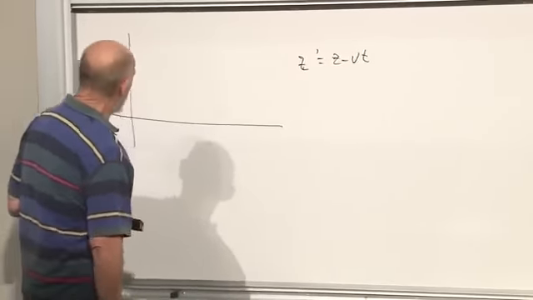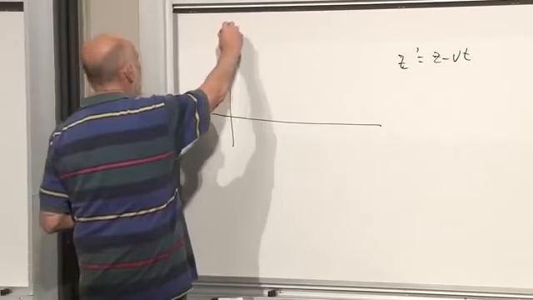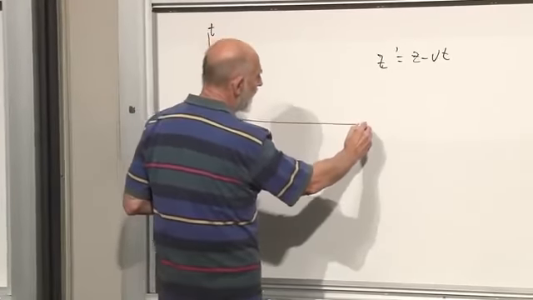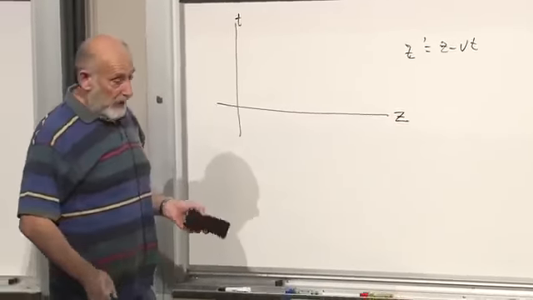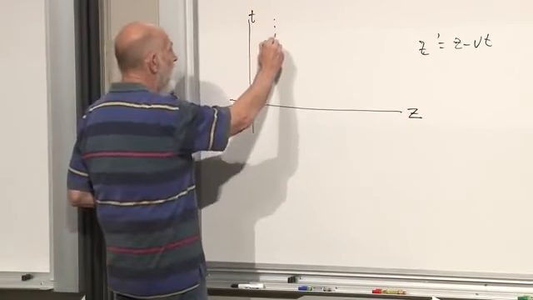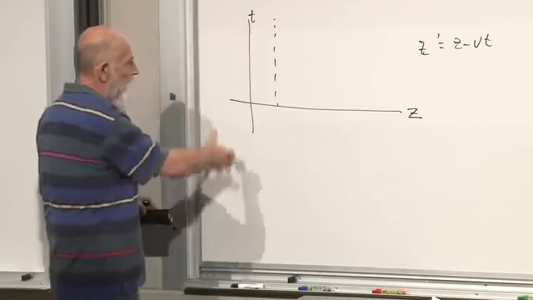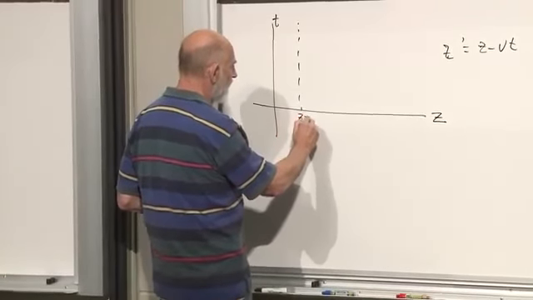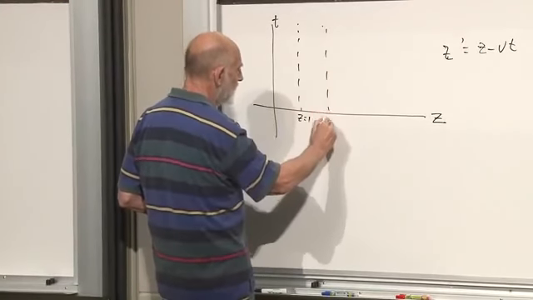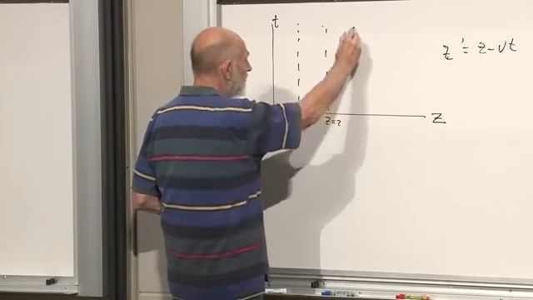All right, here is, vertically I plot time, horizontally I plot z, and that's z, not z prime. And let's put in some guidelines. Here's, of course, the vertical axis, z equals 0. Here's z equals 1. Here's z equals 2, and so forth. Here's z equals 3.